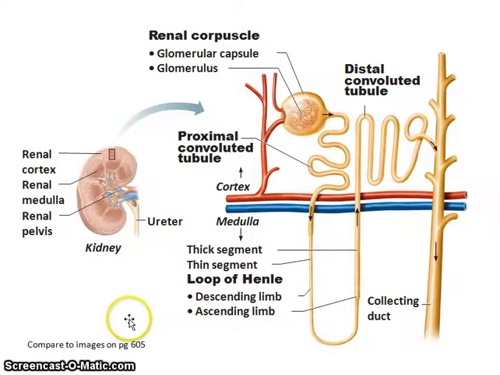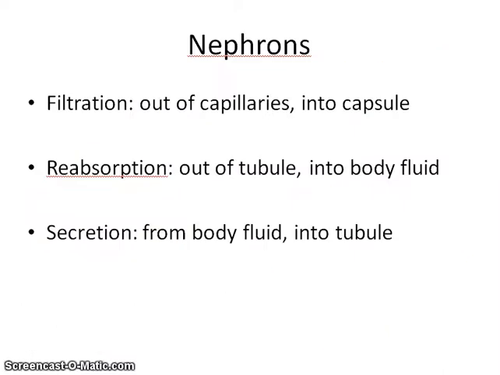And I would encourage you to check out the image on page 605 in your book to compare this image to. During the fluids flow through these tubes, you are absorbing and secreting certain things. So in some places, I'm going to skip to the next slide.